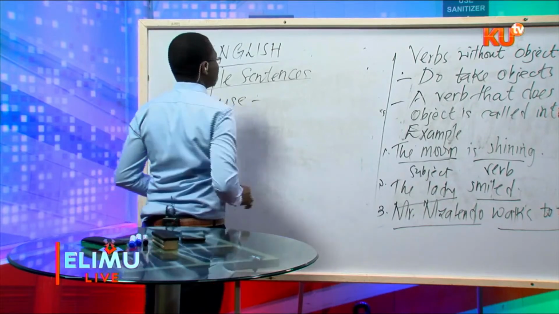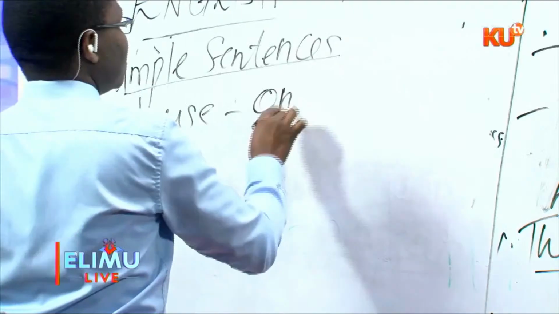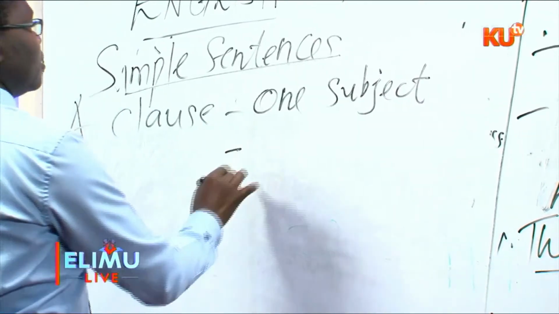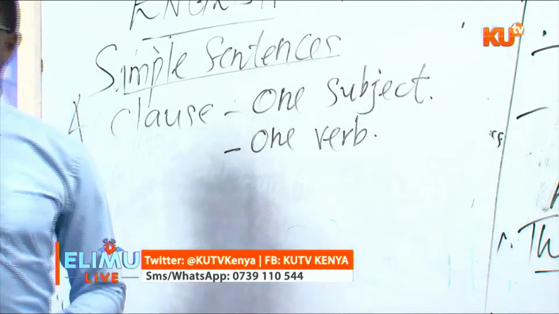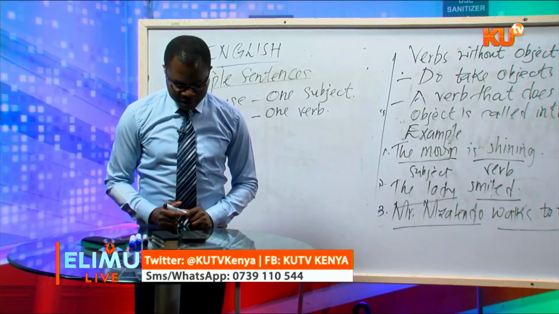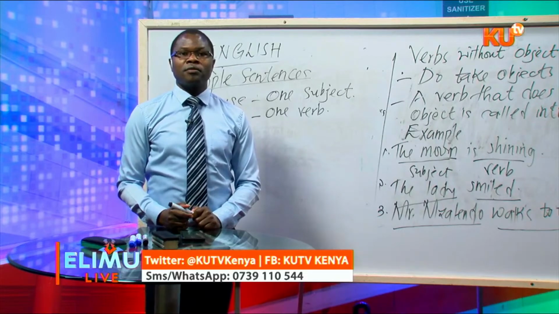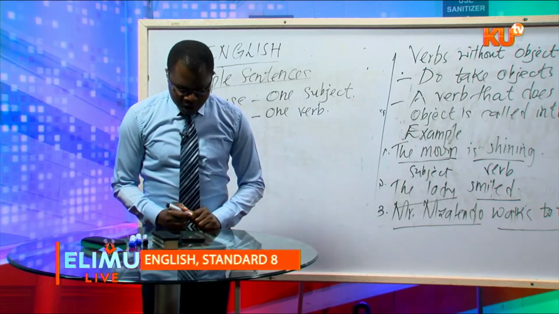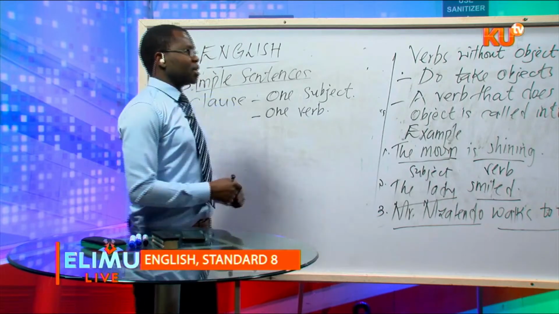They are made from a clause, and this clause has one subject and one verb. This is a clause, and they are used to construct simple sentences. A clause contains one subject and one verb. So a sentence that contains one clause and one verb is called a simple sentence.